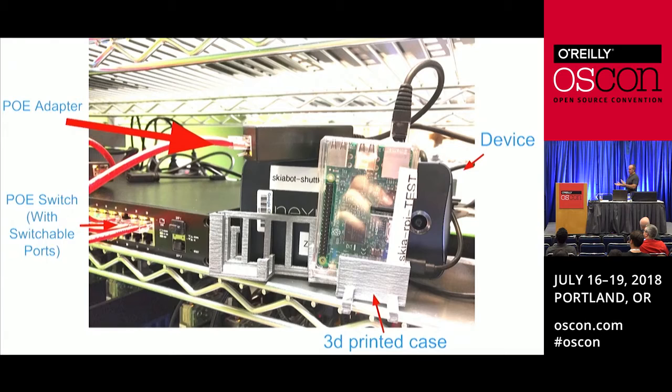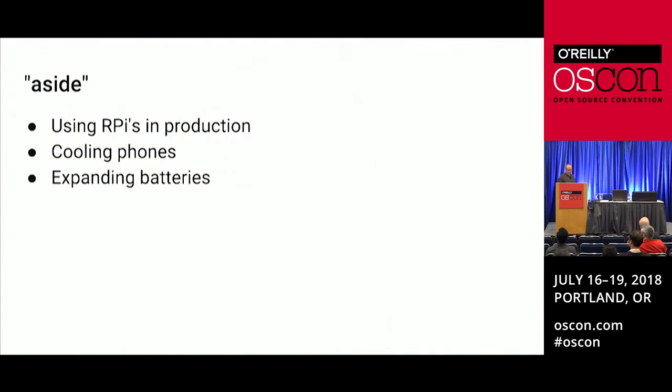That Raspberry Pi is attached to a power over Ethernet adapter, which switches out connectivity and power. That powers the Raspberry Pi, which powers the phone. So we're only connecting one line in, which is the Ethernet, power over Ethernet. And so we just plug in 128 of those. Down below we have our little 3D printed cases that hold the whole thing together.